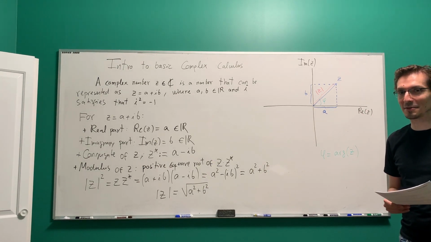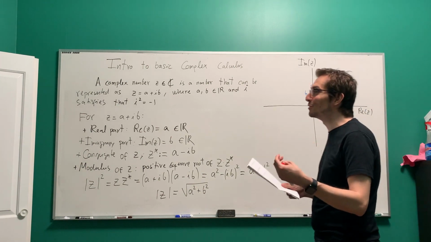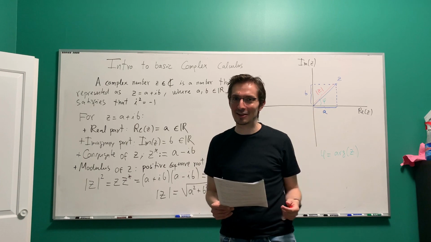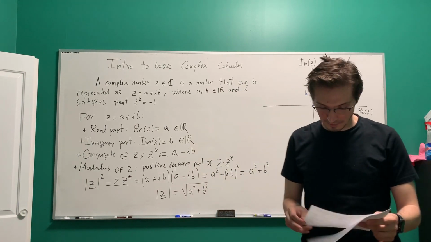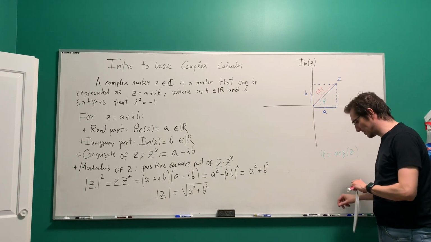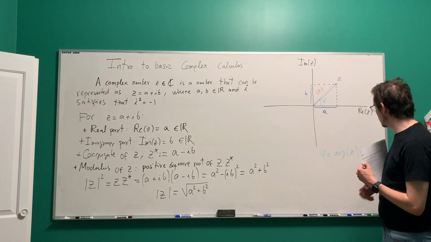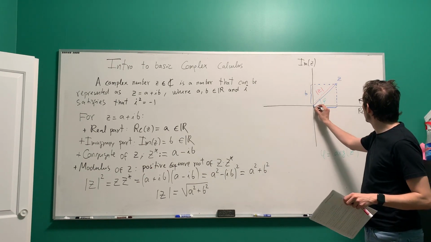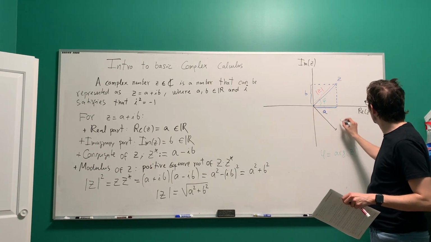Of course, you cannot ask them right now live, but what I'm inviting you to do is to pause the video, think about the questions, and then ask me in the live sessions. We can actually draw here the conjugate of z as an exercise. Let me do the conjugate of z in black. So the conjugate of z is this number here.